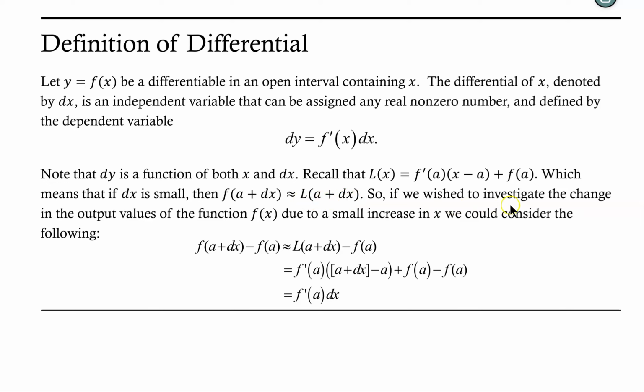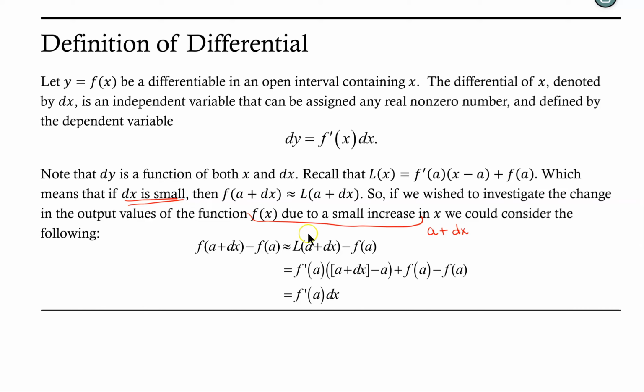So if we wished to investigate the change in the output values of f of x due to a small increase in x, we could consider the following. Something to note, this small increase in x we would represent as a plus dx, because recall that dx is a small value.